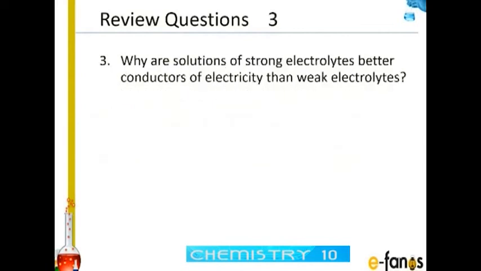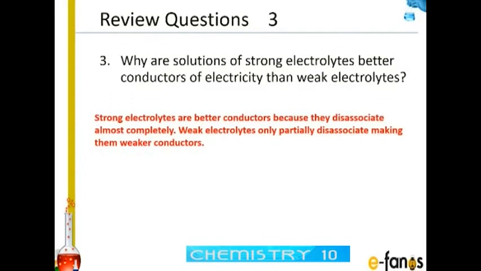Review question 3. Why are solutions of strong electrolytes better conductors of electricity than weak electrolytes?